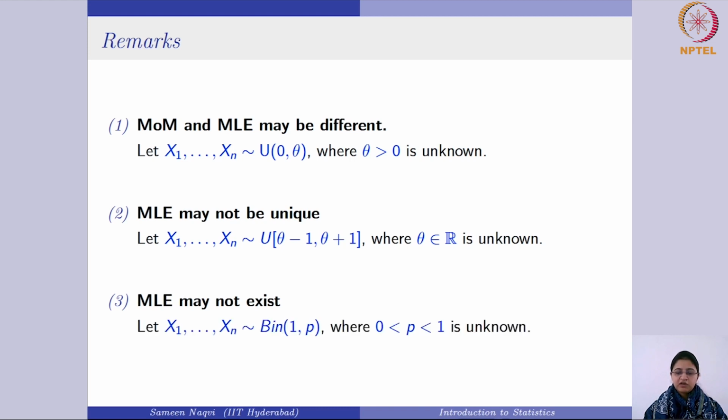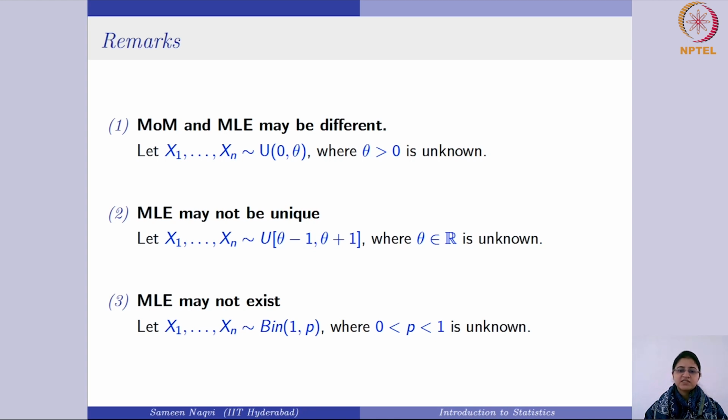Why? Consider X1, X2, ..., Xn following binomial with parameter 1 and p, where p is unknown. Binomial with parameters 1 and p is the Bernoulli distribution with parameter p, which can only take the values 0 and 1. The number of successes can be either 0 or 1.